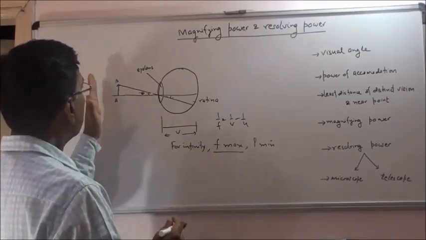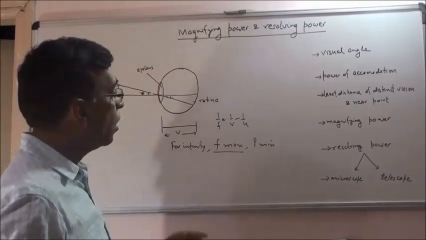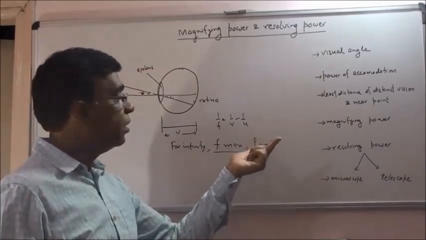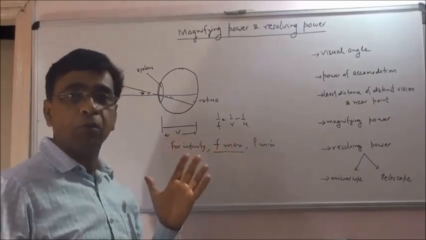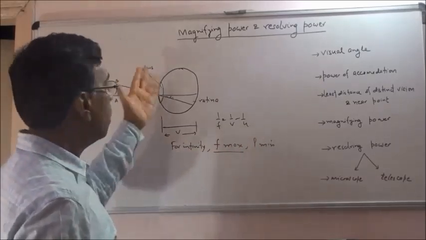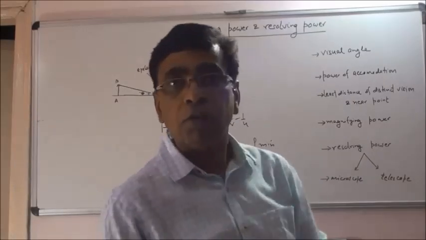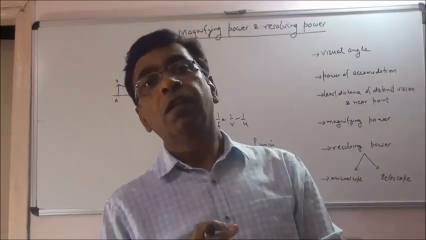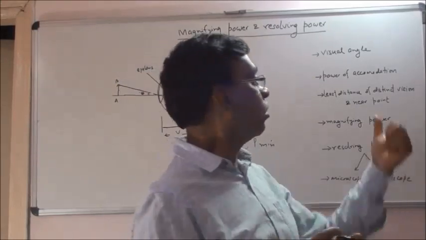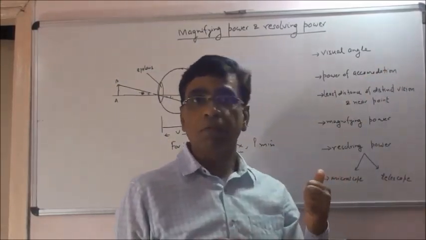Now as the object is brought closer, so the power keeps on increasing or focal length keeps on decreasing, and the size will also increase. So this ability of the eye lens to change its focal length or power is called the power of accommodation.